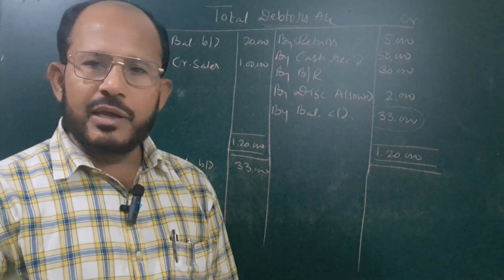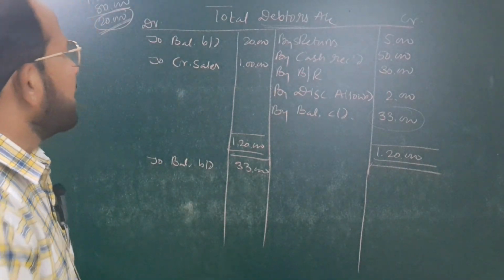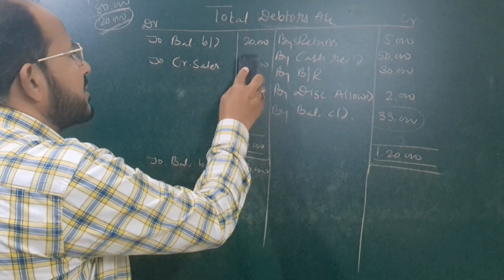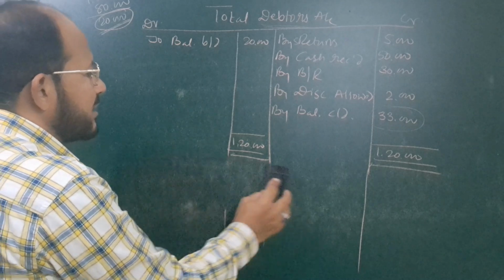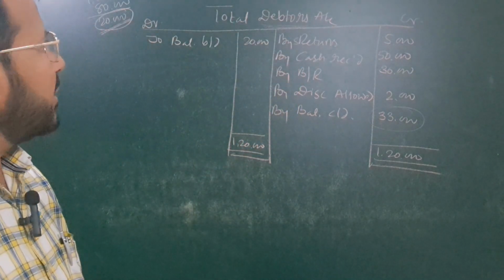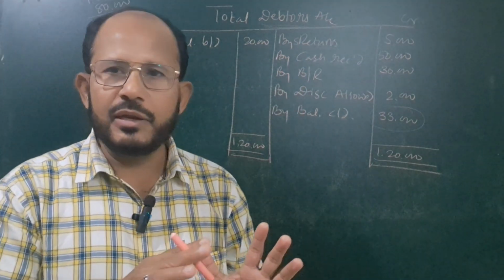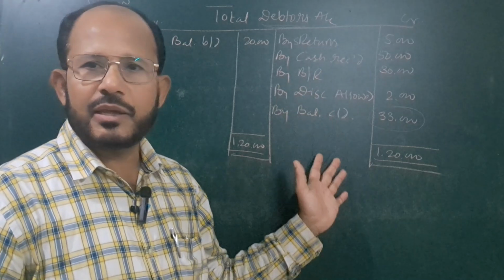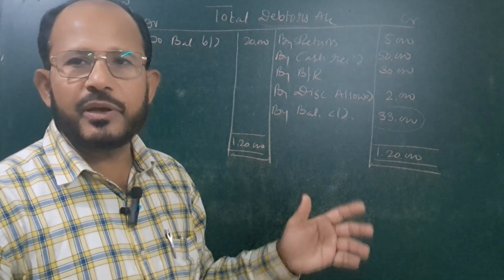Now here under single entry system of bookkeeping, try to understand that credit sales are not given in the problem. What is not given? Credit sales are not given. If credit sales are not given and other items are given here, what you have to do is prepare the debtors account and show the items on the credit side and find out the differencing figure.